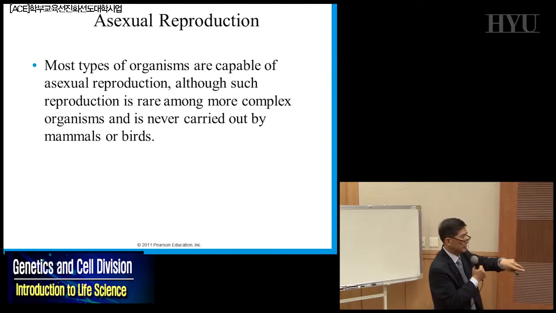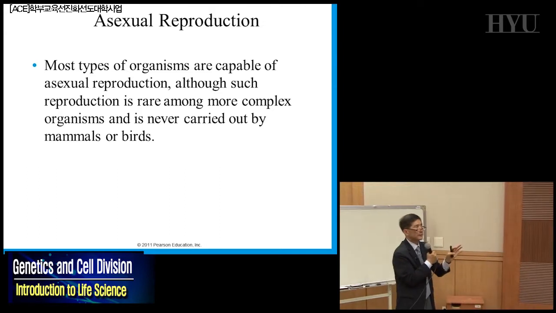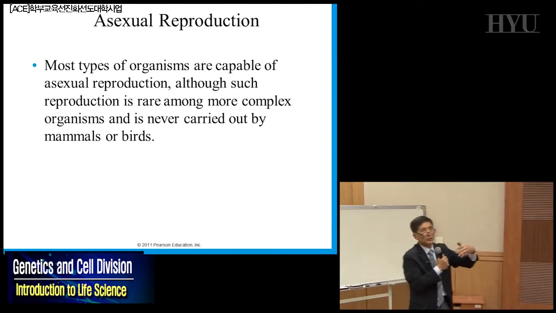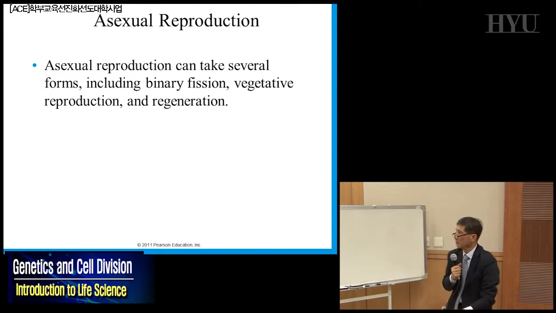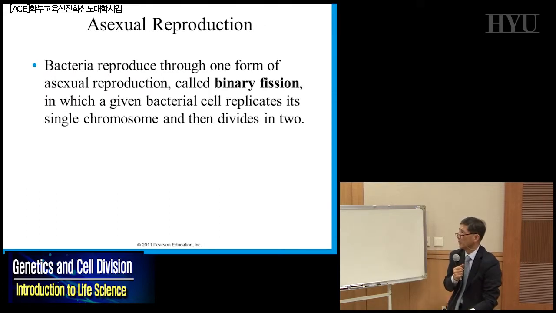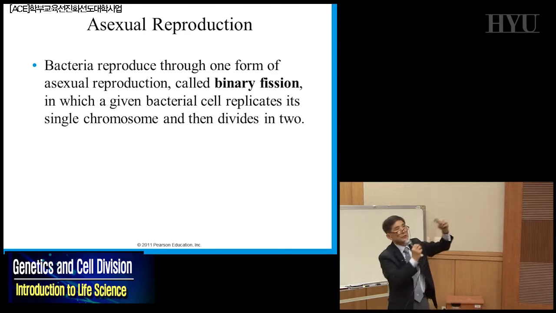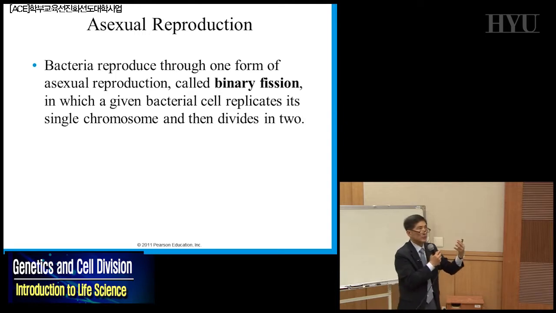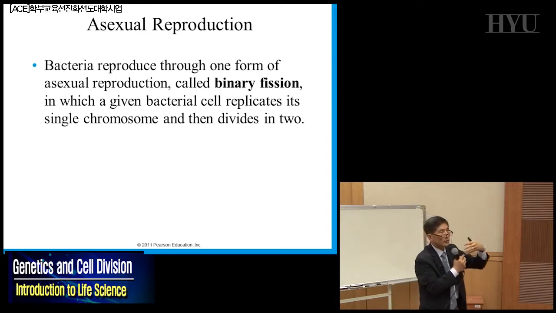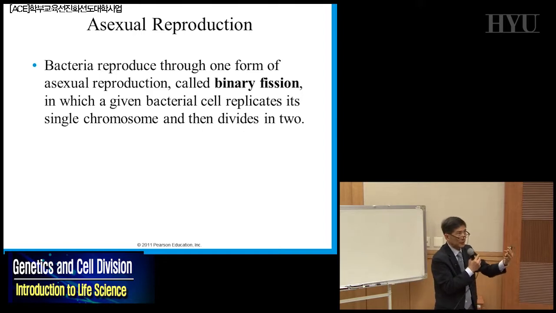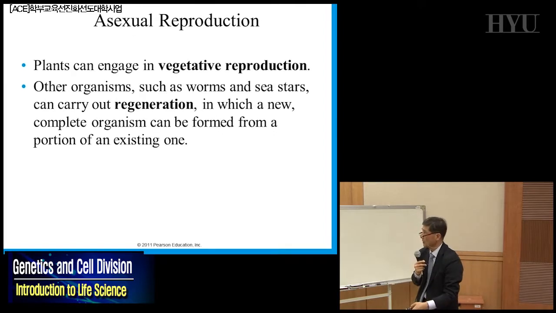Asexual reproduction means you don't go male, female. You just make identical progeny. For example, bacteria: one splits into two identical ones. You don't have to make a different one, and it's a lot more efficient than sexual reproduction. But sexual reproduction generates more diversity. That's the whole point.